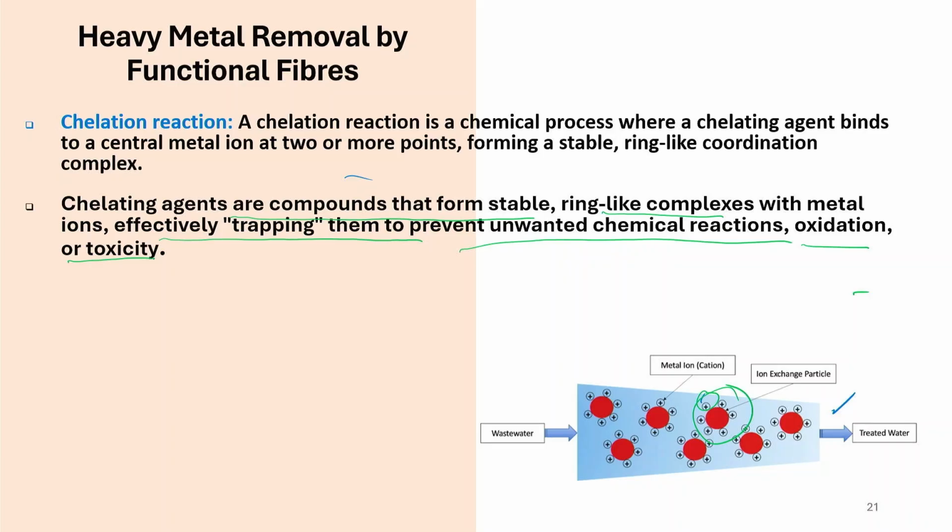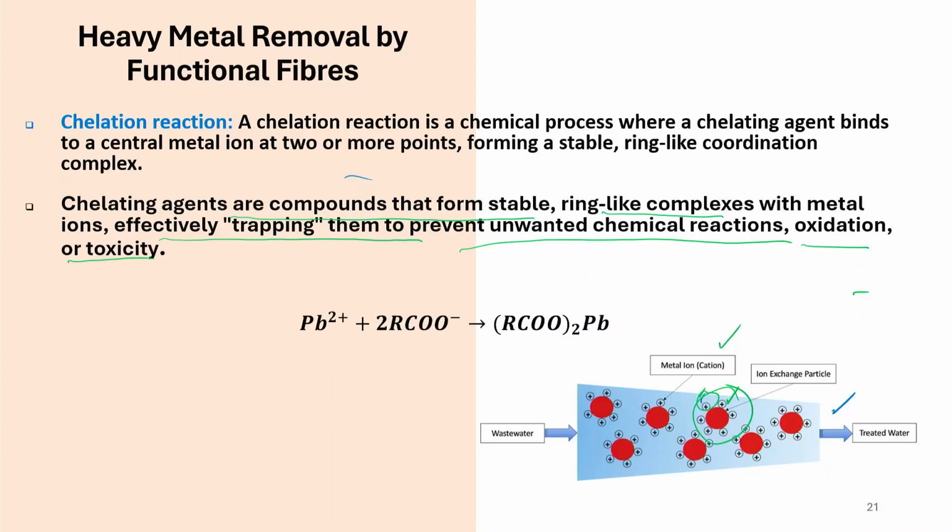So, they form a compound and then they make this ion inactive. So, these metal ions, this cation, are chemically becoming inactive. So, they do not do any other reactions.